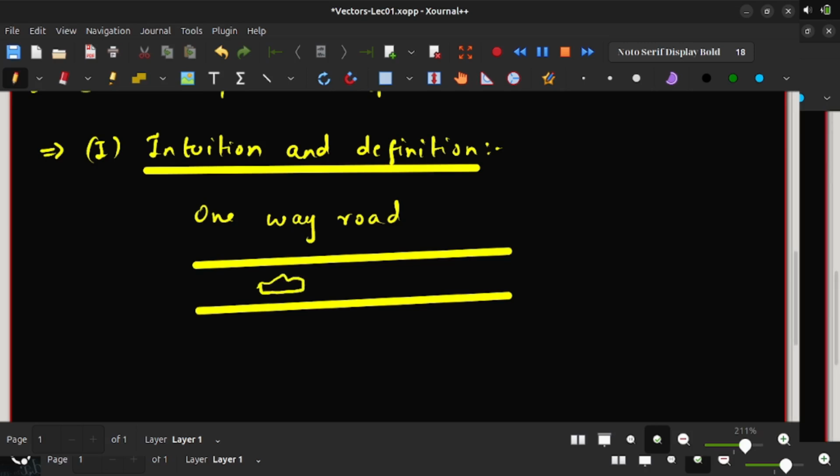Pardon my drawing, please. There's a car going like this, in which there are thieves, and you are standing here, a bystander, and you see that the thieves are going. This is a one-way road, so they are going in this direction.